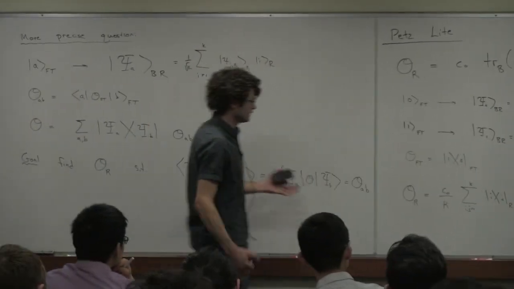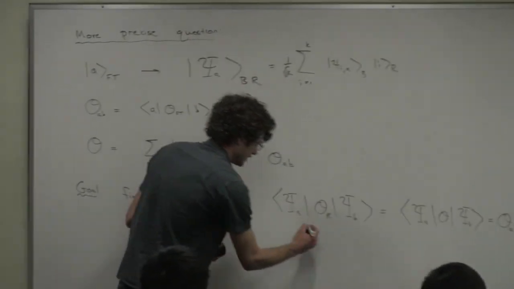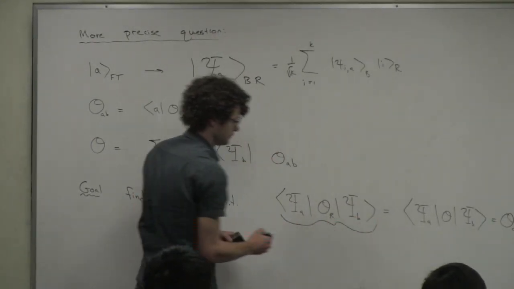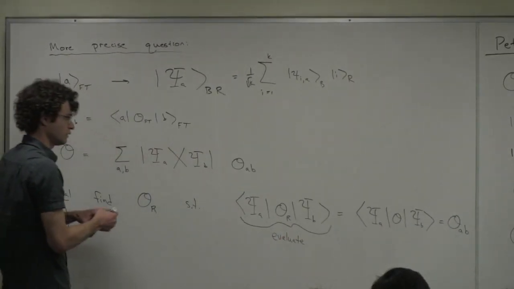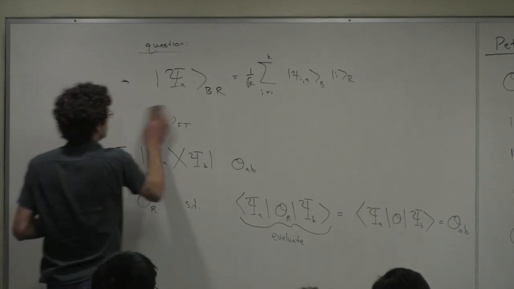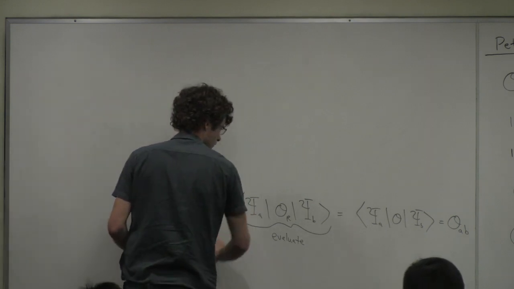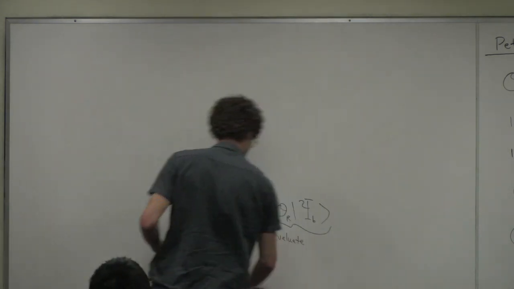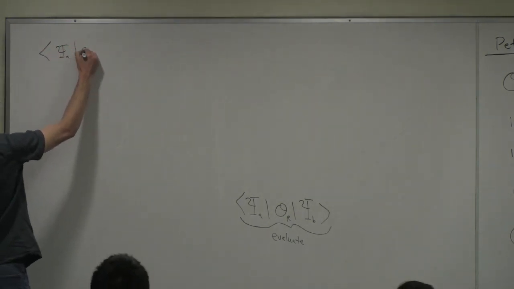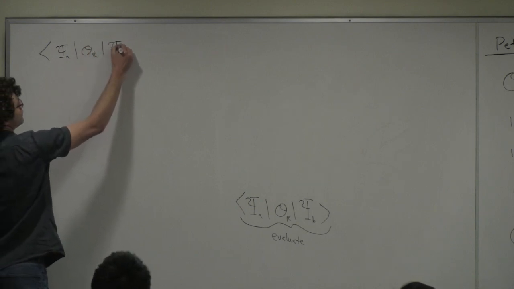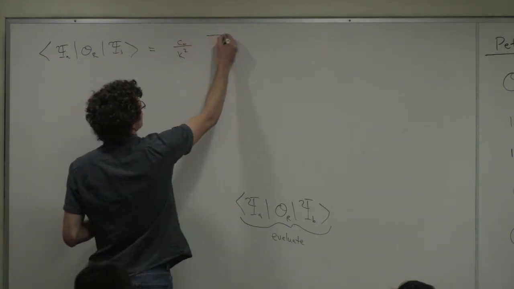So what we're going to do to check if this Petz light operator works is just evaluate this. I'll write a formula for that now. So this thing, psi A, R, psi B is equal to C naught over K squared.